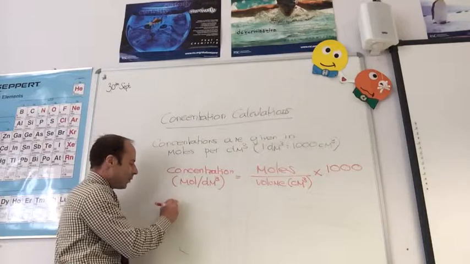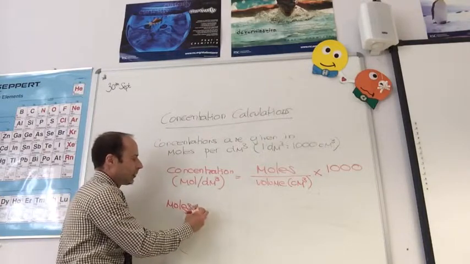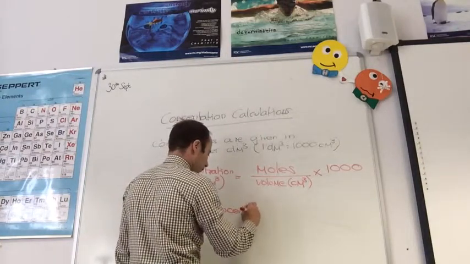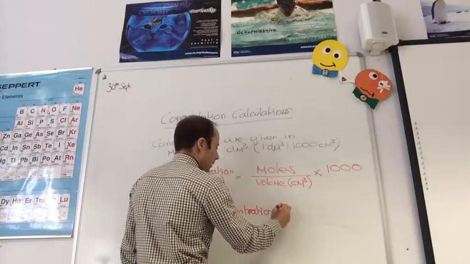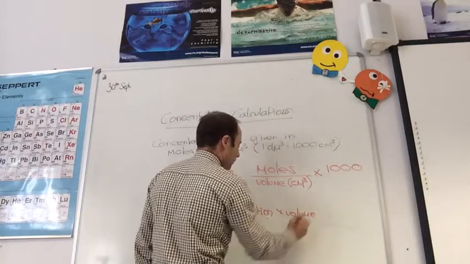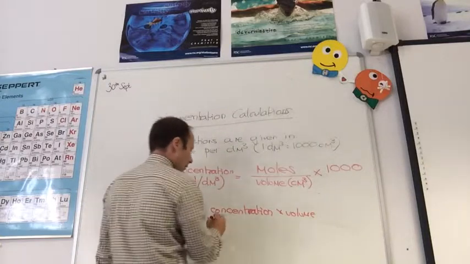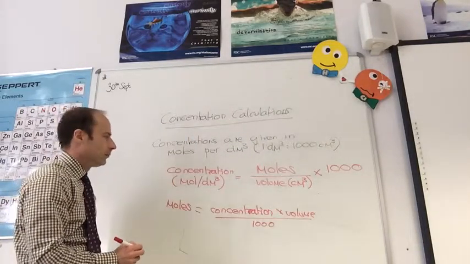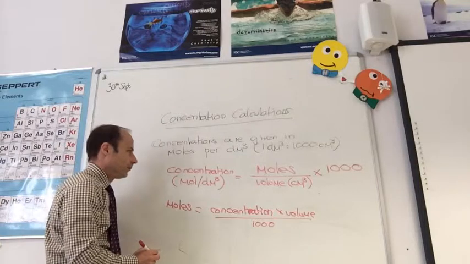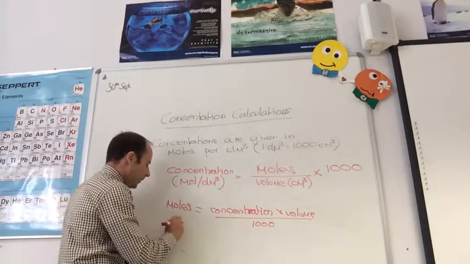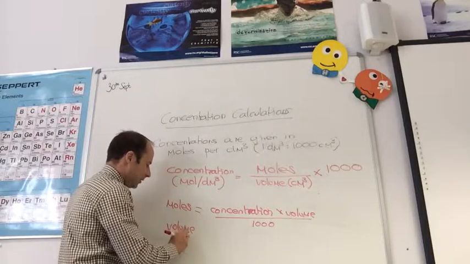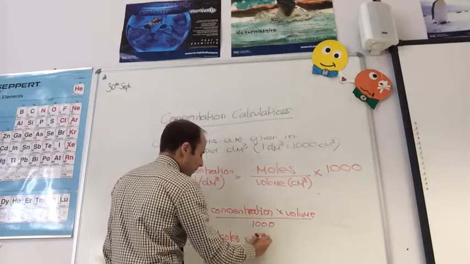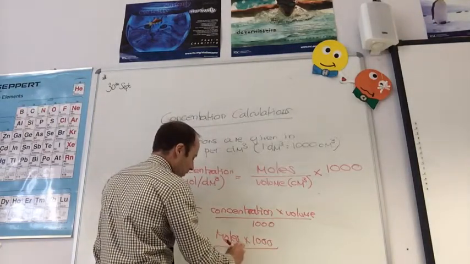If you want to work out how many moles you've got, moles is equal to concentration times your volume divided by 1,000. And if you wanted volume in centimetres cubed, that is equal to moles times 1,000 divided by your concentration.